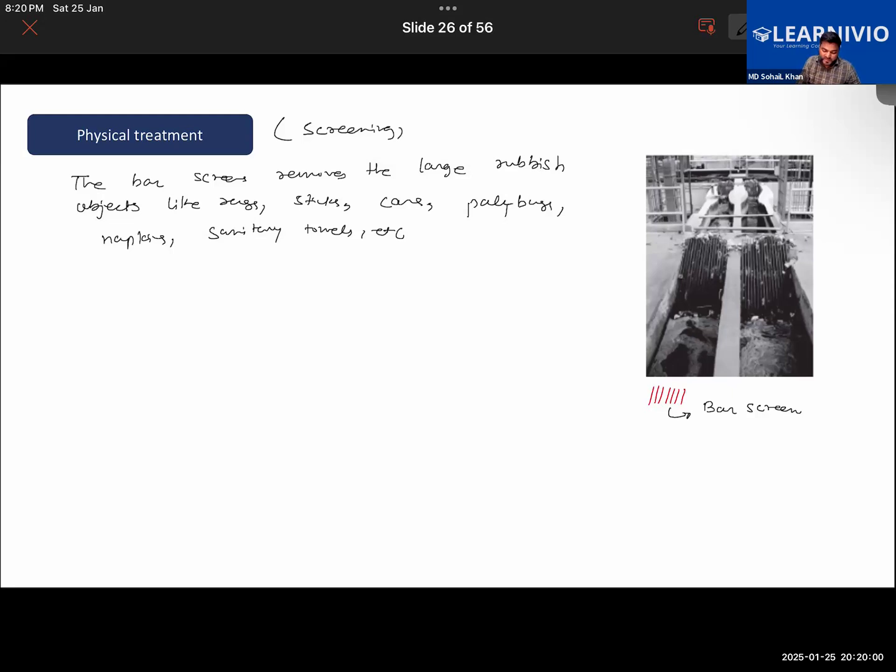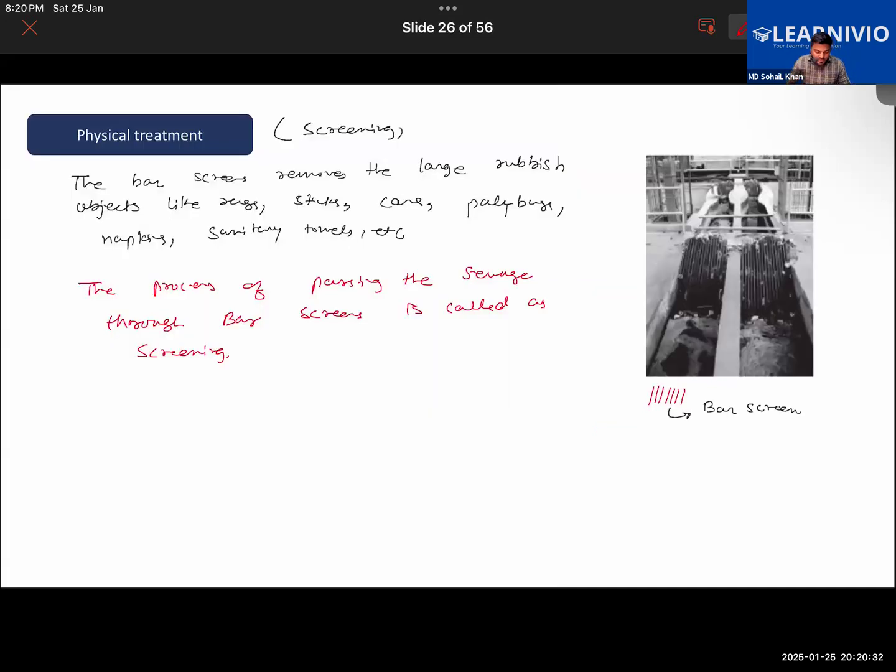The process of passing the sewage through the bar screens is called screening. Hope you have got it so far.